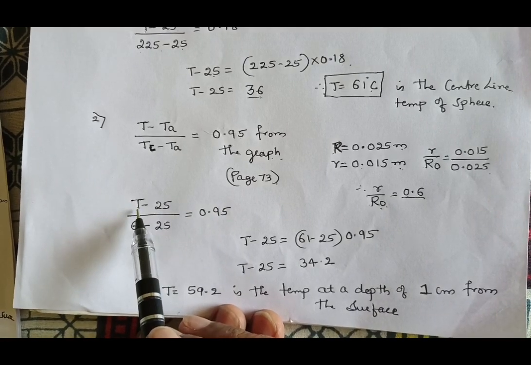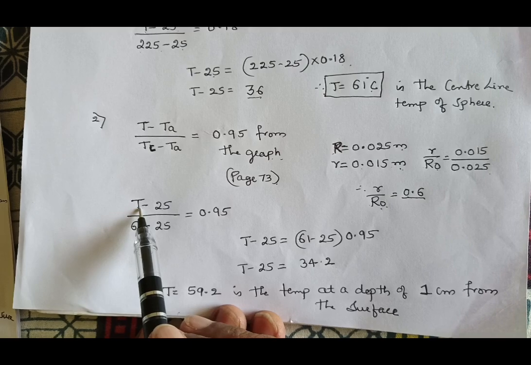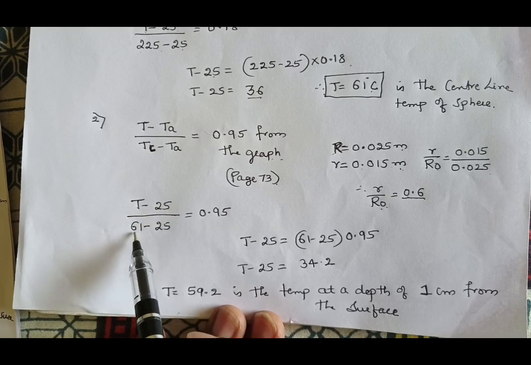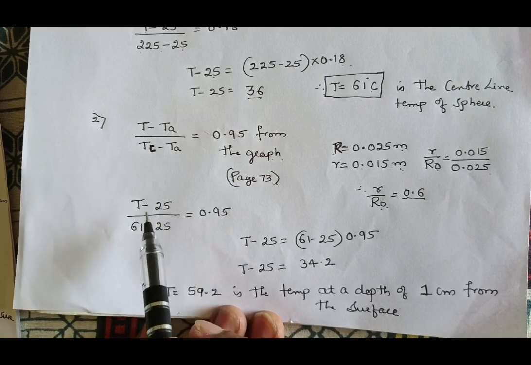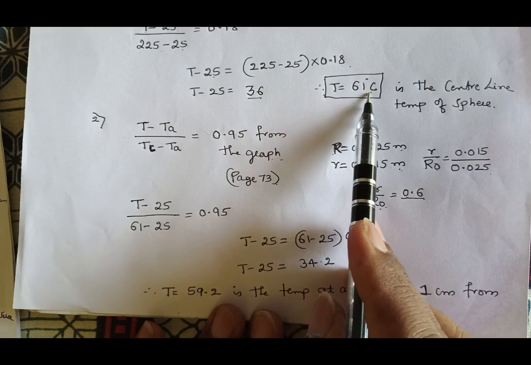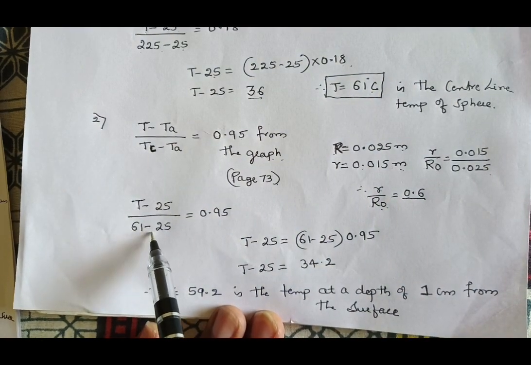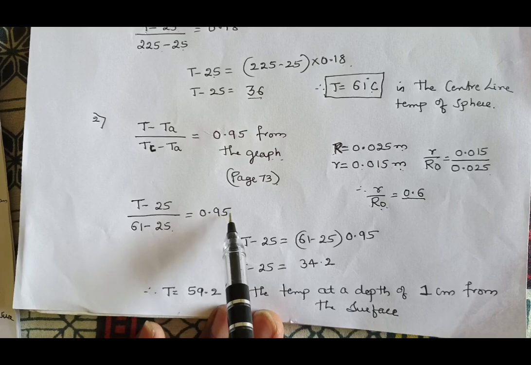T is nothing but the temperature at a distance 1 centimeter from the surface. So what is this temperature? We have to calculate now. So T again, ambient temperature. So TC we will substitute. TC is 61, already we have calculated here. 61 degrees centigrade is the center line temperature of the sphere. So 61 minus 25 degree equal to 0.95.